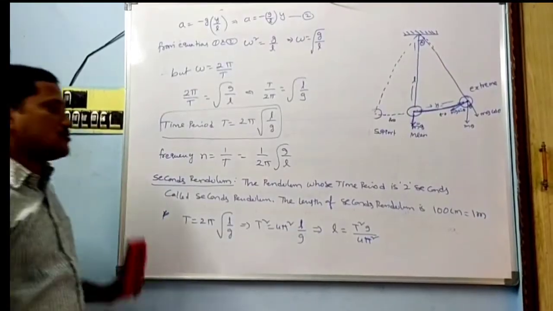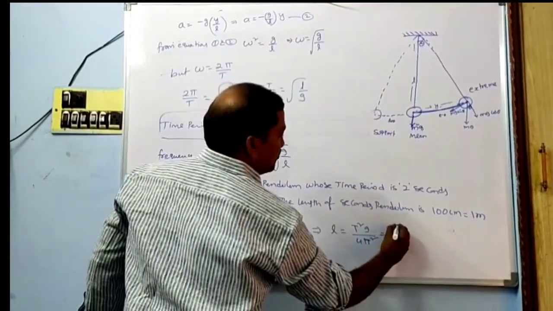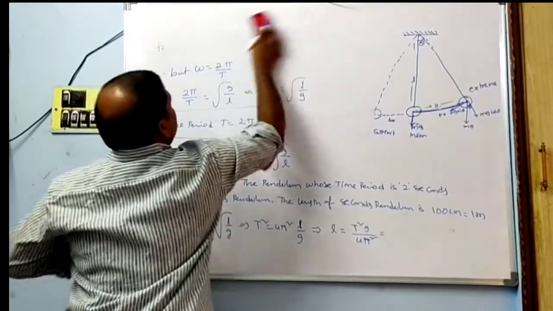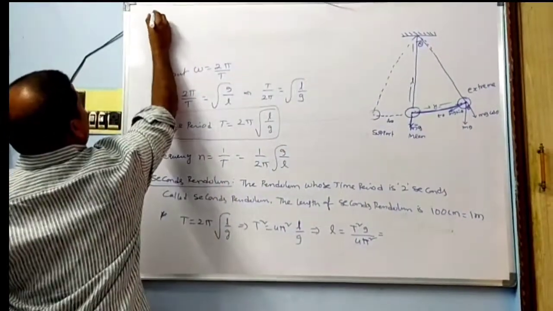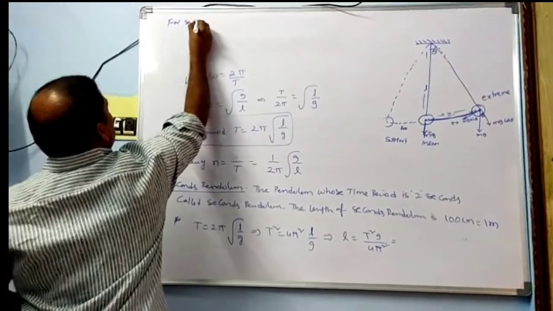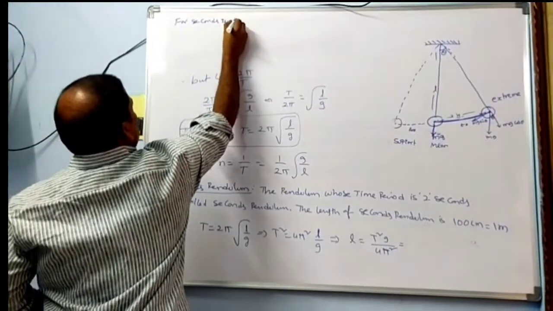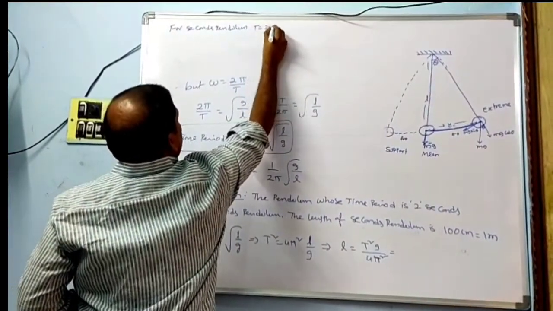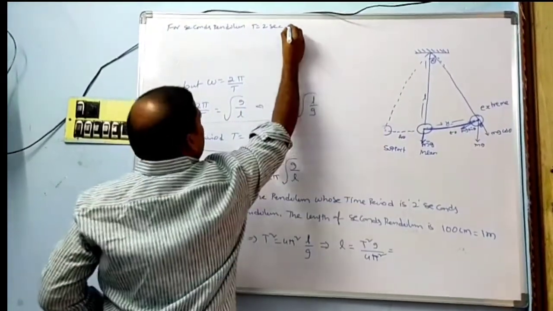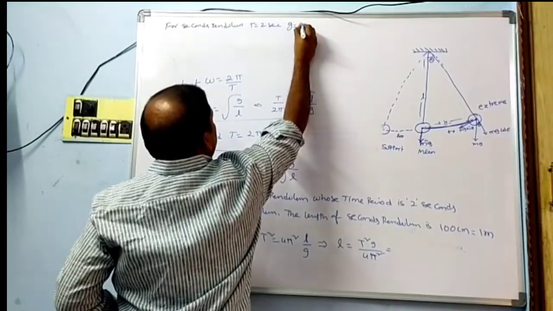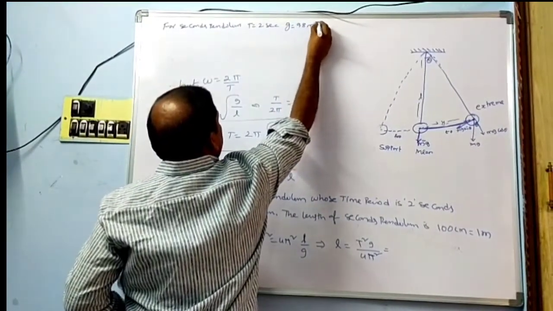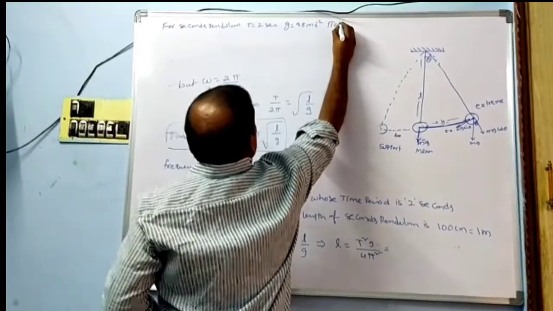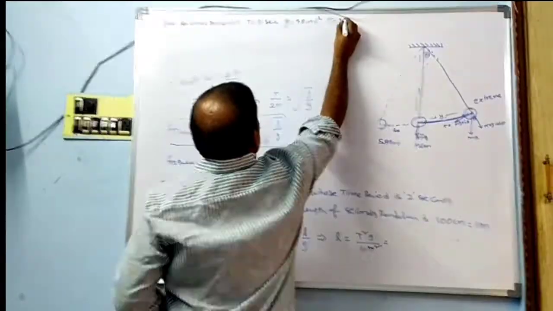Now, substituting the values: for a seconds pendulum, T is equal to 2 seconds and g is equal to 9.8 meter per second square, which is the fixed value. The pi value I already know, 3.14.